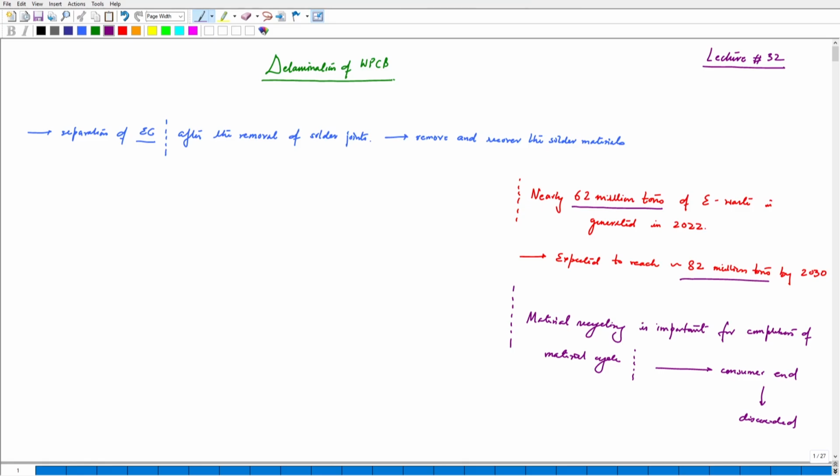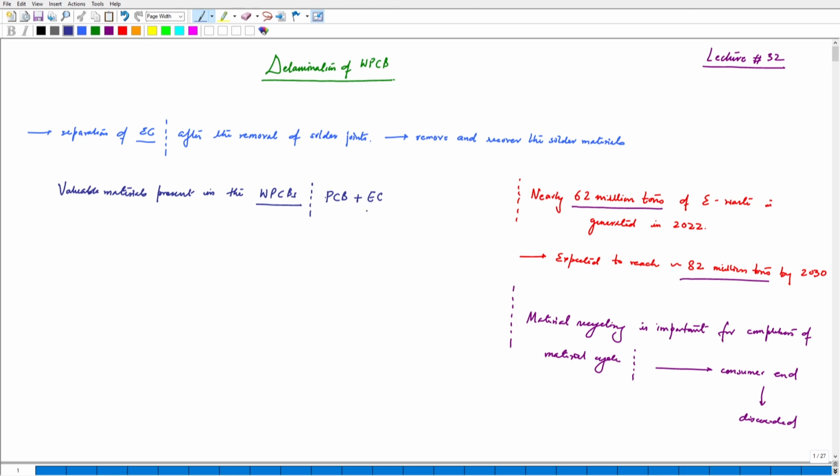Coming back to the delamination. So PCBs along with the ECs have lot many valuable materials. And right now I'm considering PCB plus EC assembly.